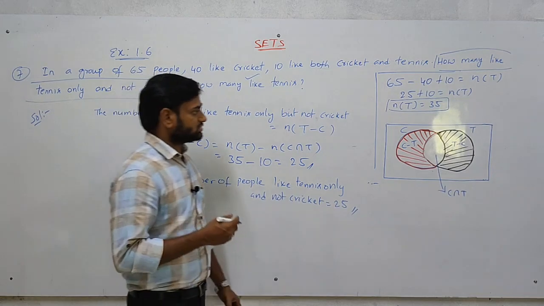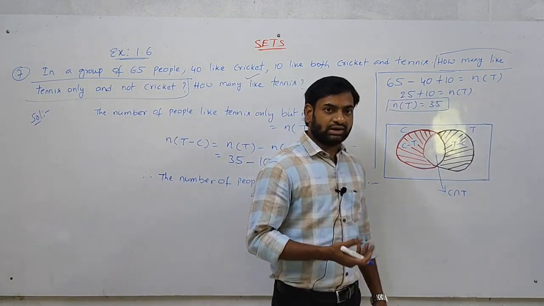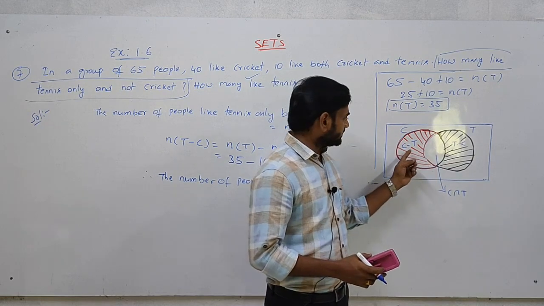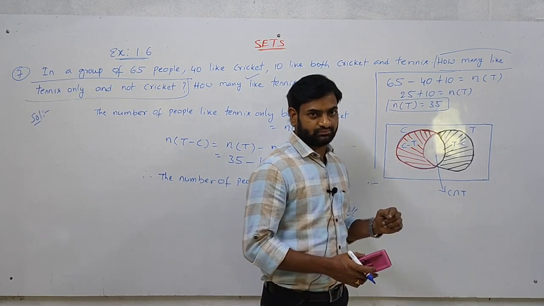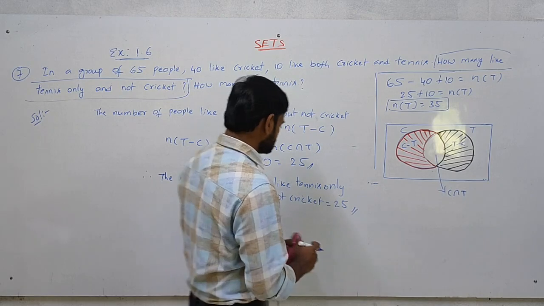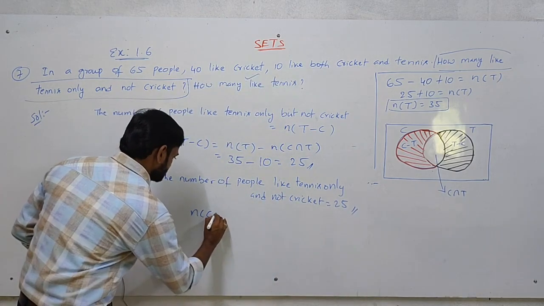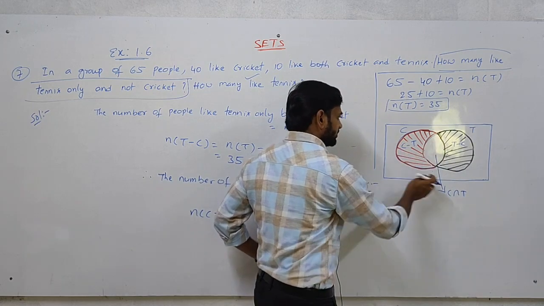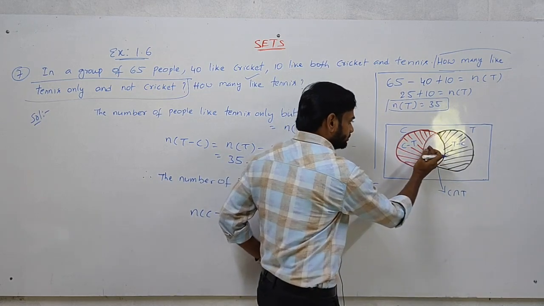Suppose you are asked the number of people who like cricket but not tennis, that is n of C minus T. For n of C minus T also the same formula applies. n of C minus T is equal to, from the entire C, we have to delete this part.